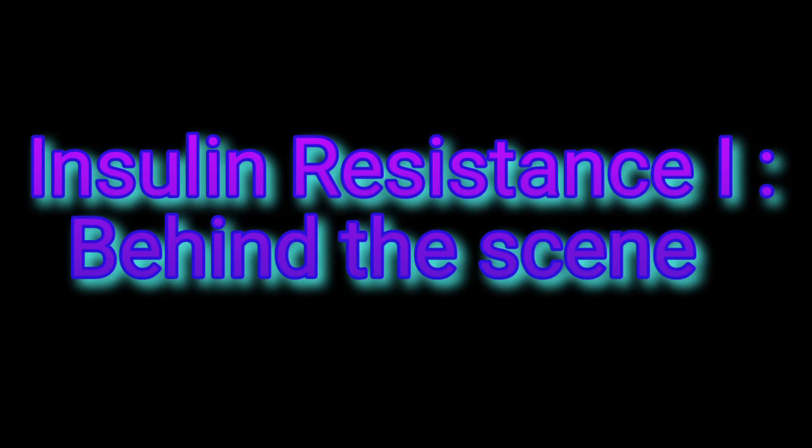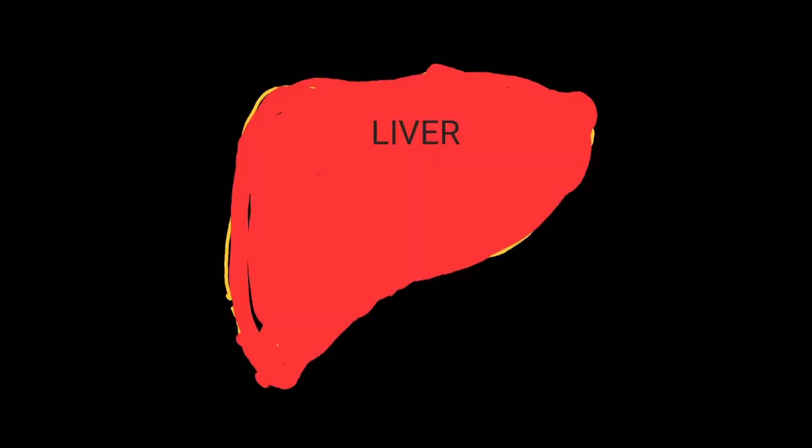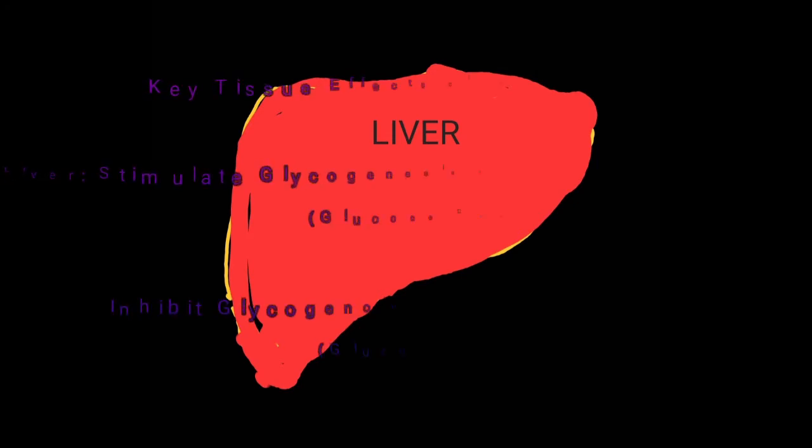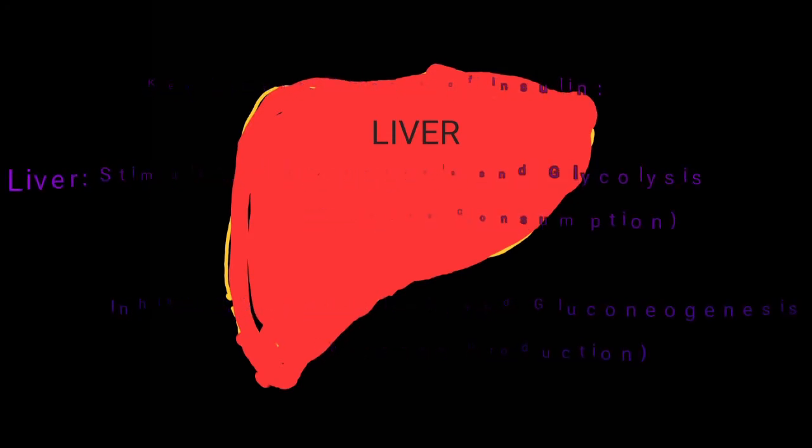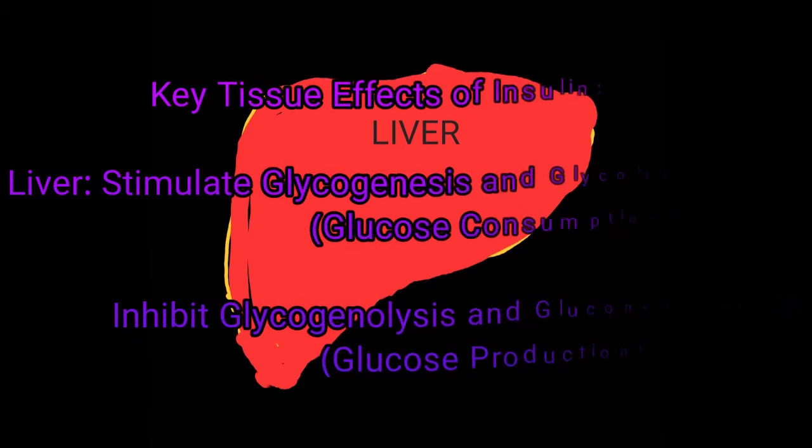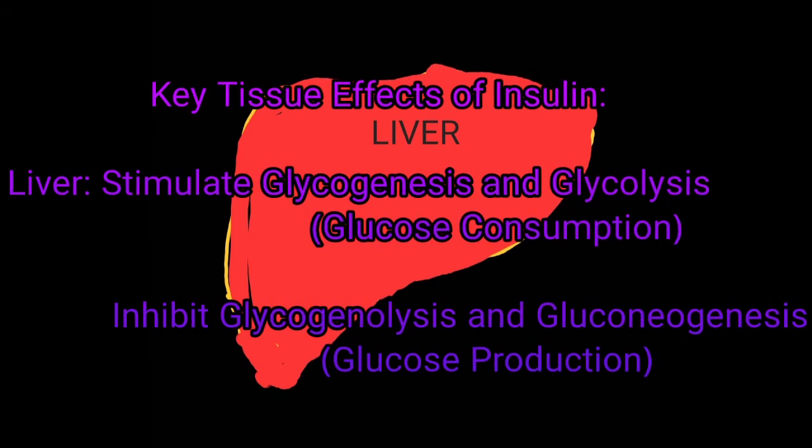In order to adequately explain insulin resistance, one must recall some of the key tissue effects of insulin when it is released. Insulin produced in the well-fed state will have remarkable effects on at least 3 important tissues affecting their respective metabolism.